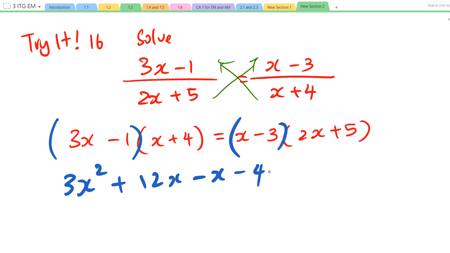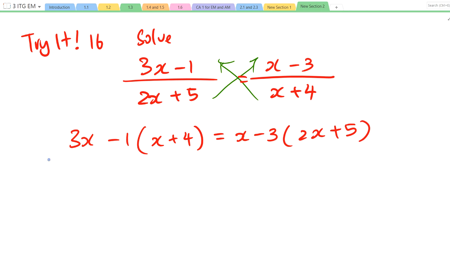And I'm emphasizing on this because I've seen too many students who leave their working like this, but they know they were supposed to expand everything. So you know what happens?